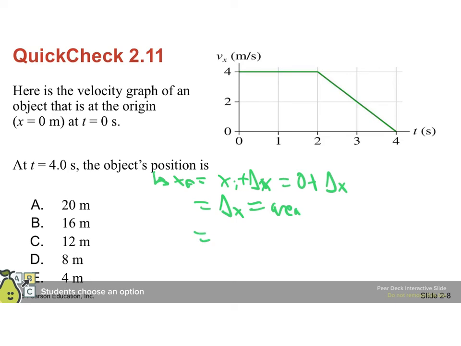Here we have a trapezoid, and the area, we can think of it, and I will think of it as 2 parts. Part 1 is the rectangle, and part 2 is the triangle. You can do it any way you want. I'm just doing it that way. The rectangle has area of 2 seconds times 4 meters per second.